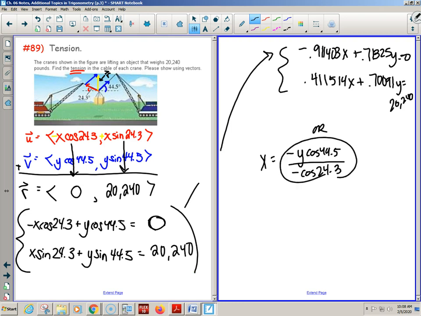Can you follow my logic? Just like I subtracted, or actually added the 2y and divided the 3, I subtracted the cosine y, and I divided the cosine with a negative to get the x alone. Same math, just I didn't have to plug in.